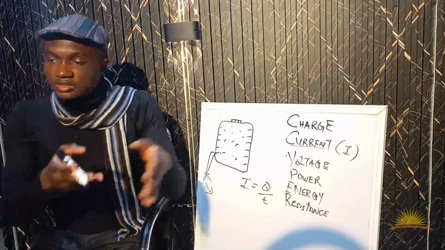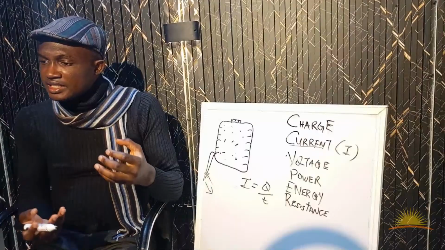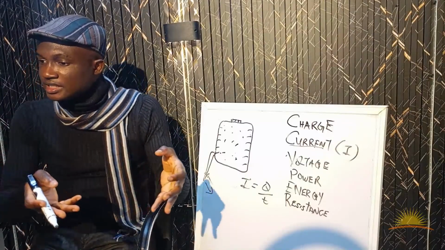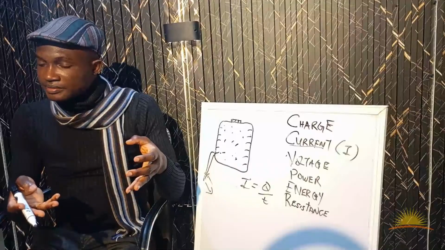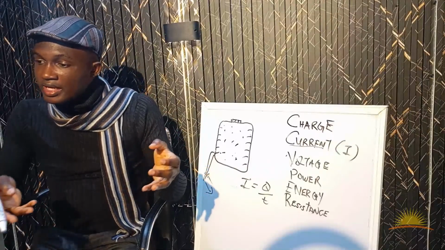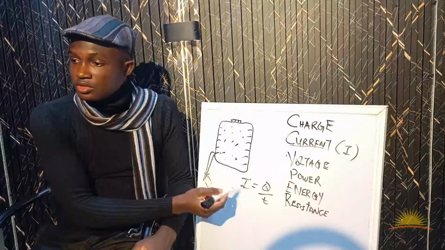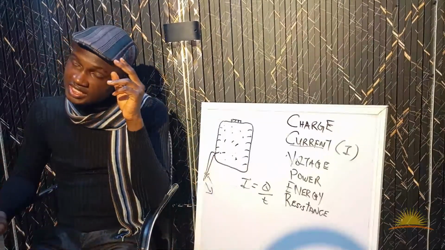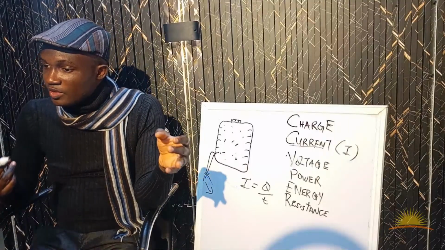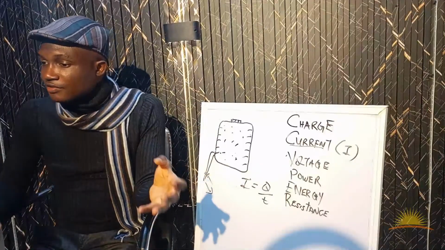So charge is coming out of the battery. The rate at which it's coming out, maybe we're getting 10 coulombs per second, or we're getting 20. That is defined by the value of current. For example, let's say we have 20 amps. If we have 20 amps and we compare it to 10 amps, it means we're getting two times more charge out of the battery.